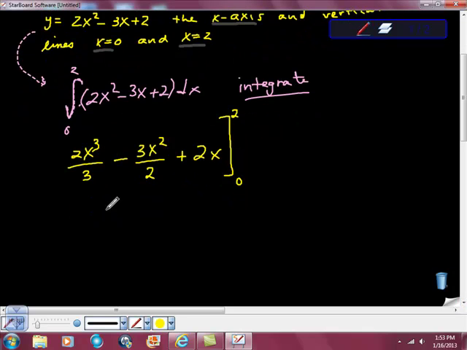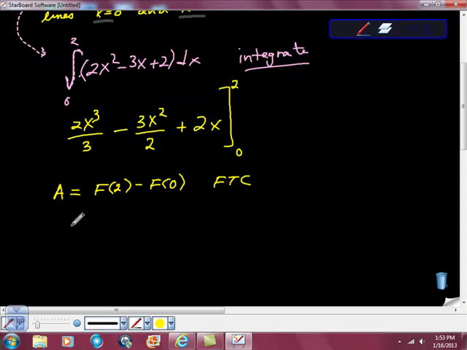I'll probably say to my reader that area is equal to F of b minus F of a. You don't need to use this notation because you're saying it, but it's FTC, the fundamental theorem of calculus, and that's what we're about to exercise here. So we're going to take F of 2 minus F of 0 and evaluate that.